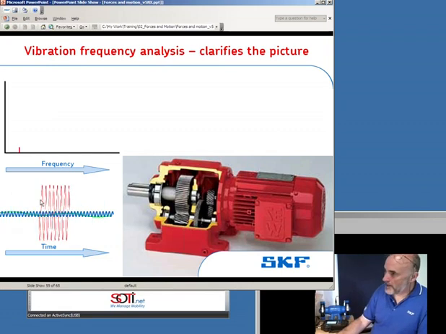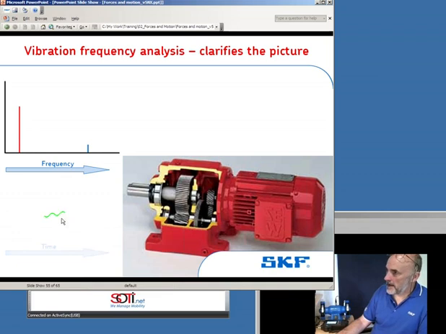And that does the maths for us, converts the amplitude versus time for the electric motor to a line in the spectrum, does the same for the gear mesh frequency, puts it in the spectrum, does the same for the driven machine, converts from amplitude versus time to amplitude versus frequency.